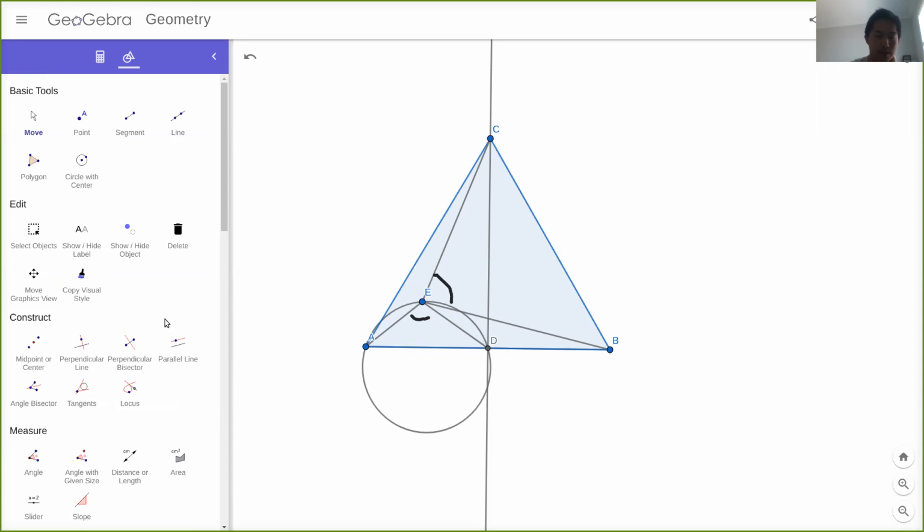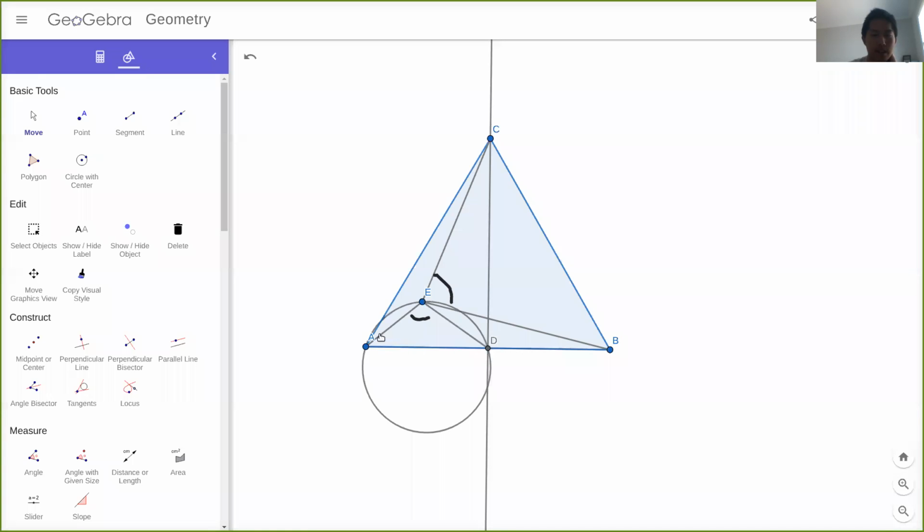So what points do we see that might come in handy here with respect to angle AED?